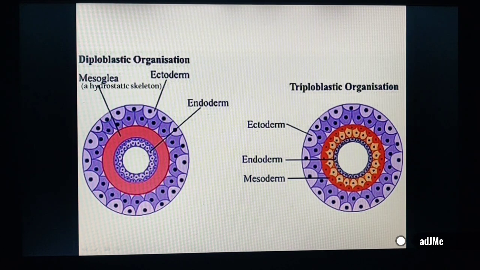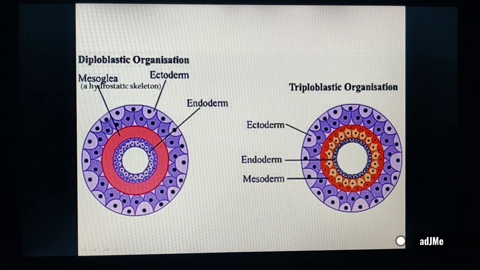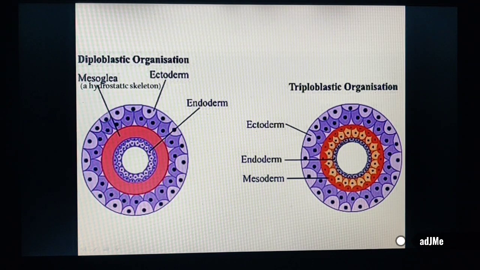So basically on the left hand side, diploblastic animals, you come across two layers, ecto and endo. Ecto means outside, endo means inside. On the right hand side, you find a triploblastic structure, where you have three layers, outer ectoderm, middle mesoderm, and inner endoderm.